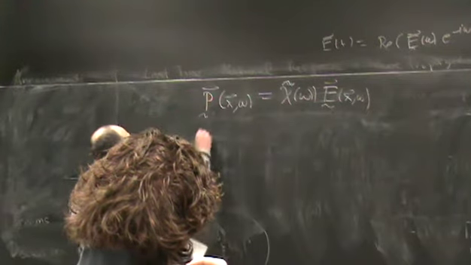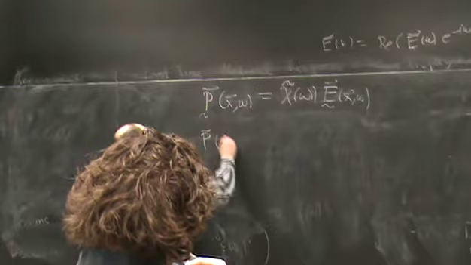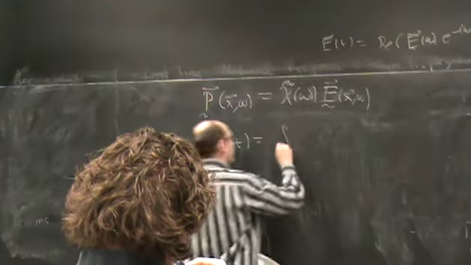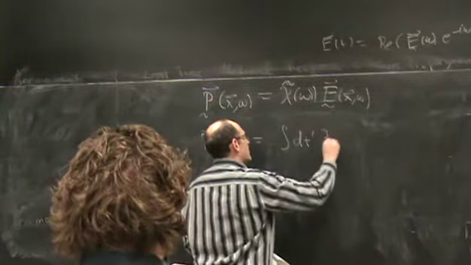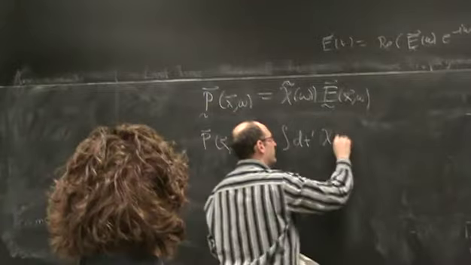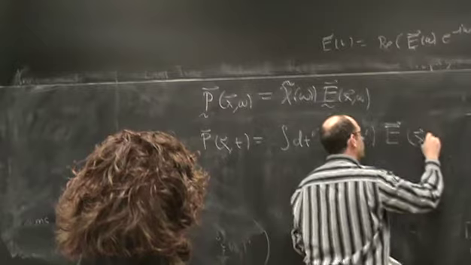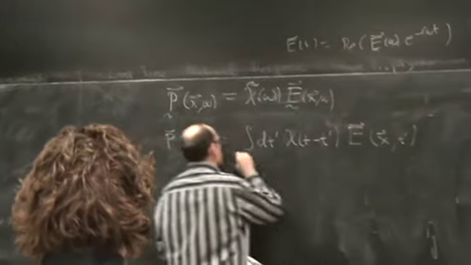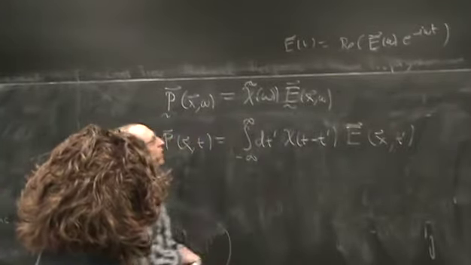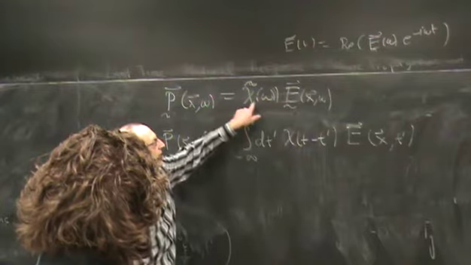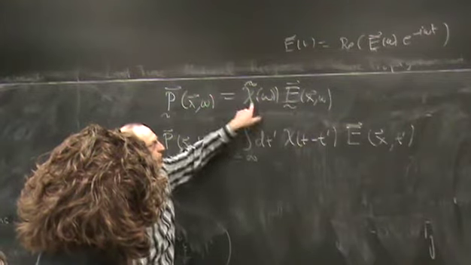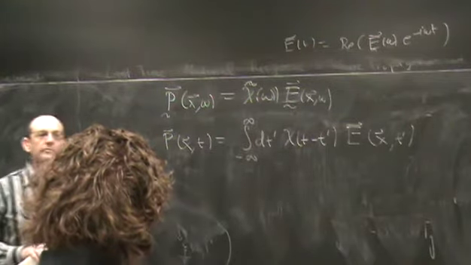Or written in the time domain, the amount of polarization we get at a particular time is the inverse Fourier transform of the susceptibility function, involved with the electric field.